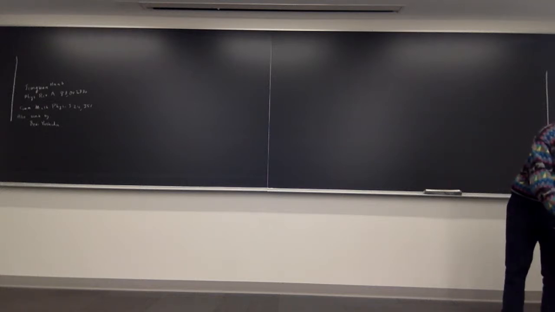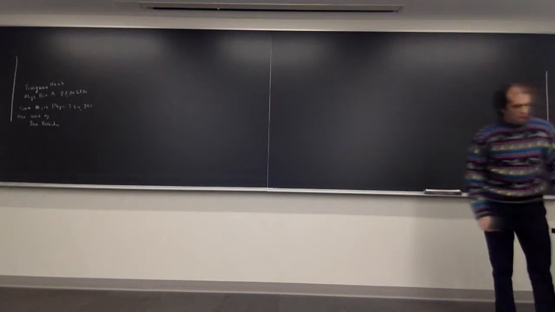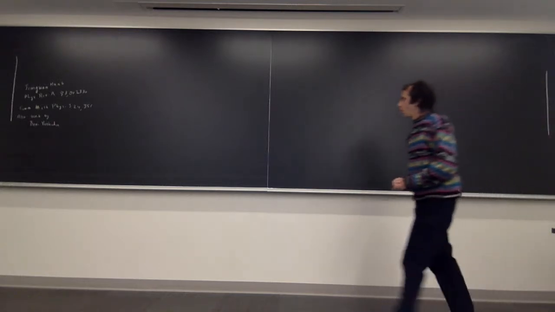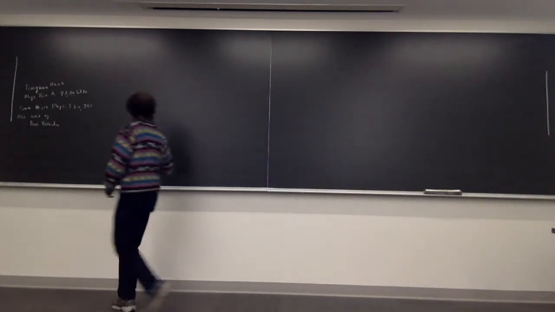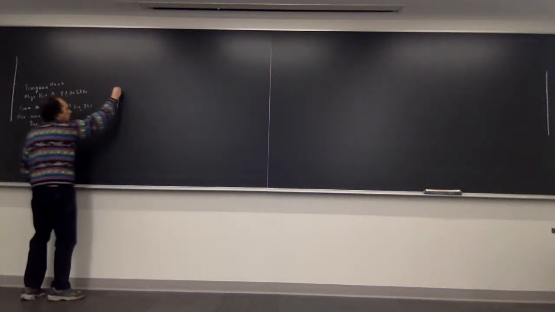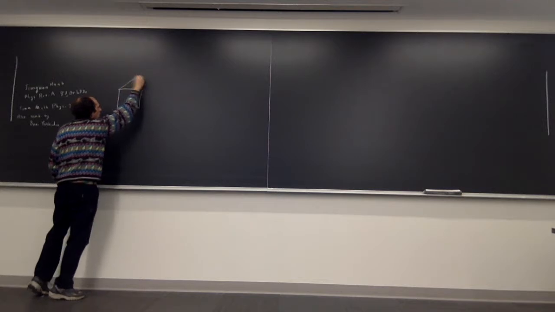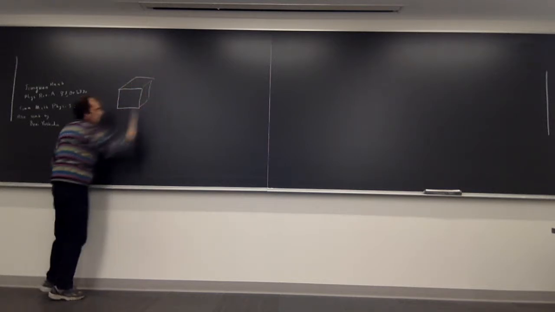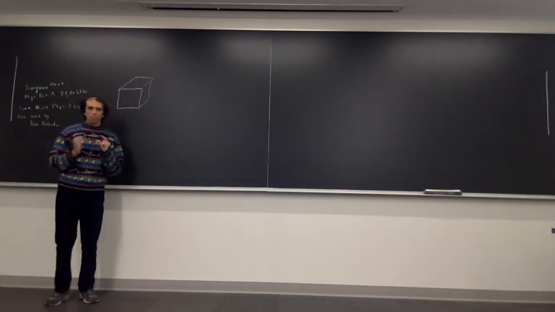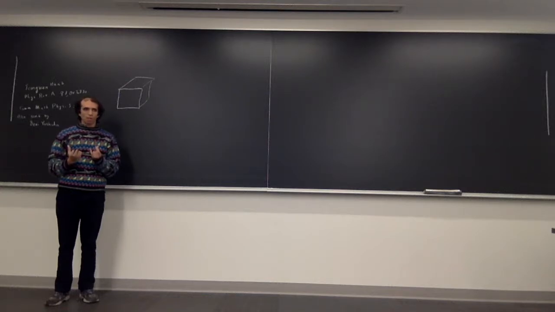Okay, so what John Wilcox discovered is that there's a Hamiltonian which has the property that there are excitations of that Hamiltonian that can't move.